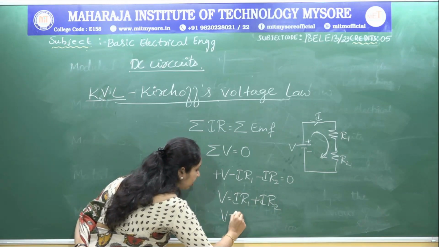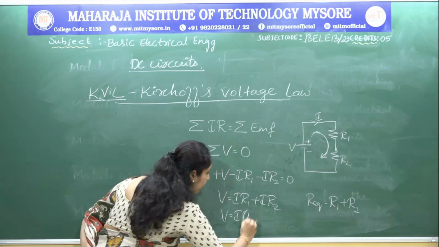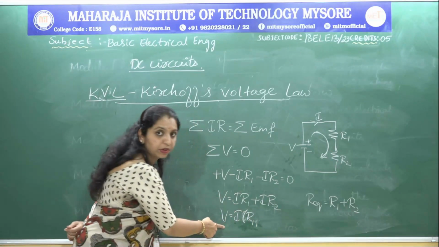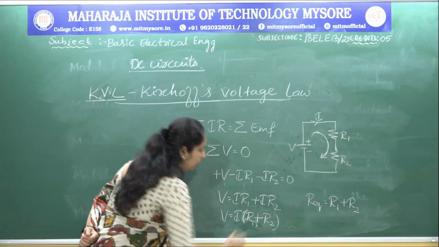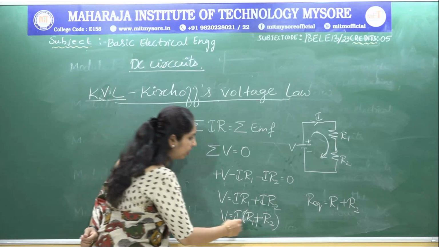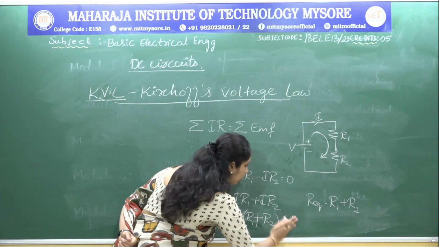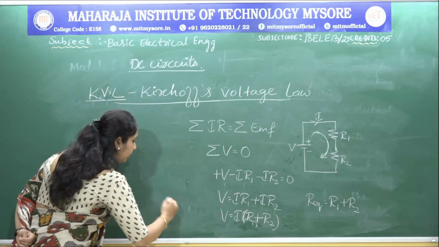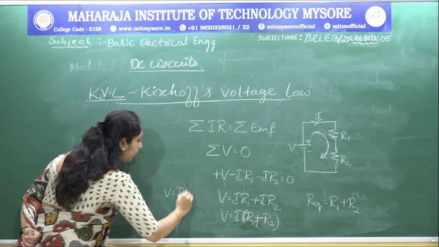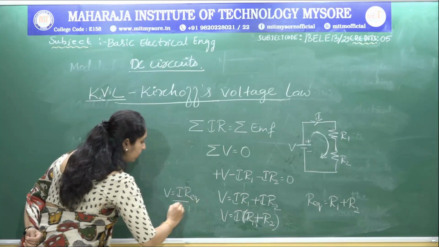You can take I common from this equation, so finally we can write V is equal to I into R equivalent.